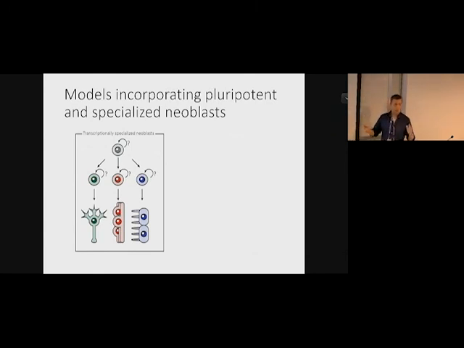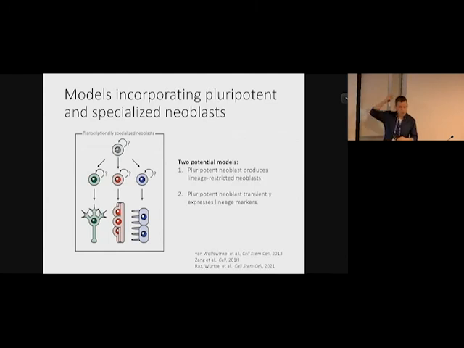We always like to make those analogies between different stem cell systems that we know. Those are all open questions, and I'd like to propose two models. That question was, to me, the most important question in neoblast biology, and it was resolved last year, I think, in a very satisfying manner.